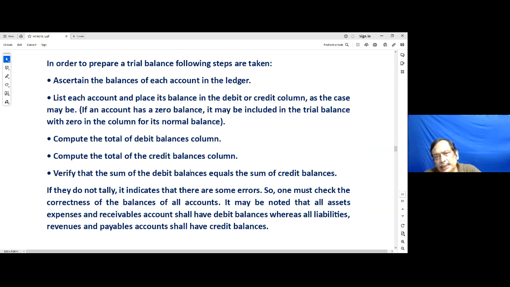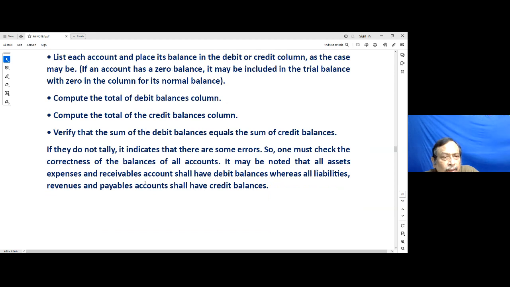Then to list each account and place its balance in the debit or credit column as the case may be. If an account has a zero balance, it may be included in the trial balance with zero in the column for its normal balance. Then to compute the total of the debit balances column. Then to compute the total of the credit balances column.